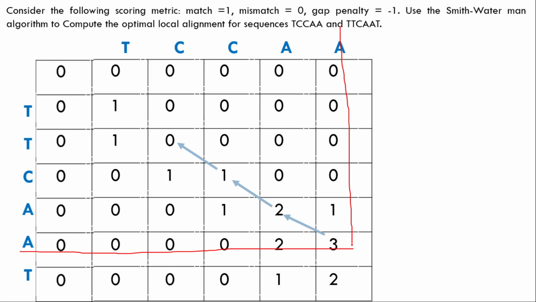So in my alignment, I don't have to include this T because it is out of the range. As I already told you in the Needleman-Wunsch algorithm, one arrow represents one base. Since the arrow is going diagonally, I don't have to make any changes. I can write down A in the upper side and this A in the lower side.